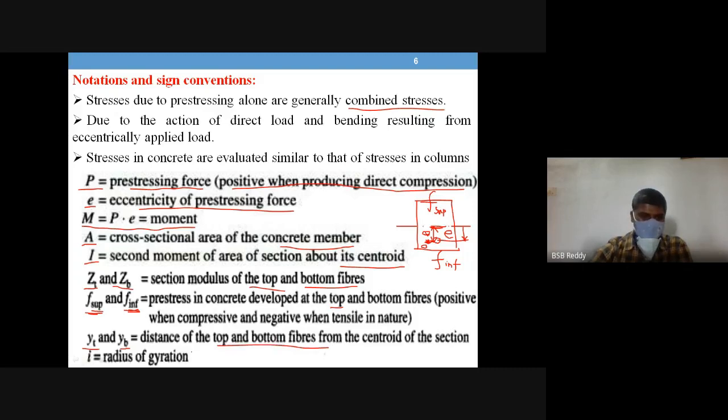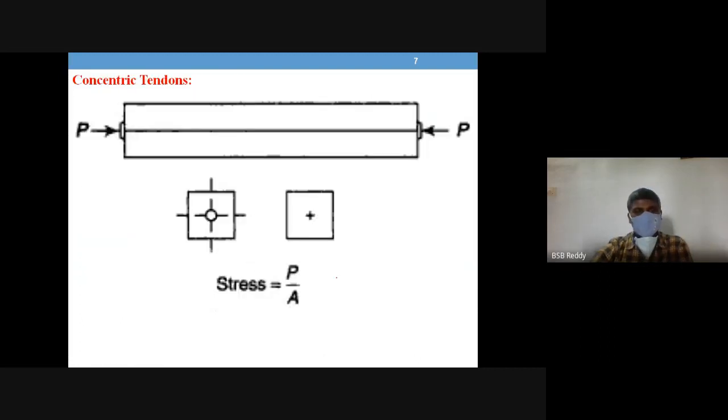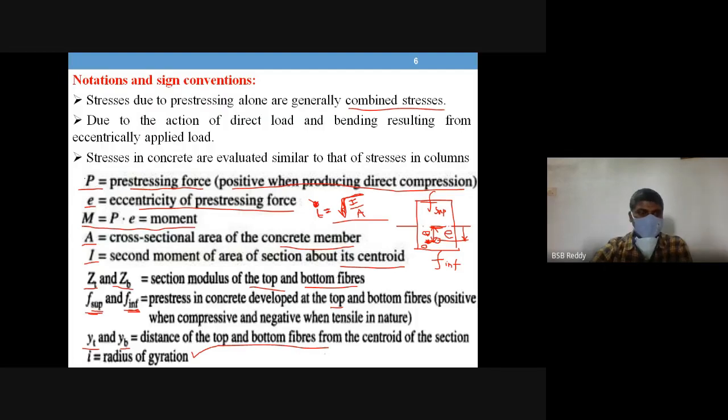And small i here is the radius of gyration, which you know very well from your mechanics, the square root of I by A. So these are the notations to be remembered while solving problems on pre-stressed concrete.